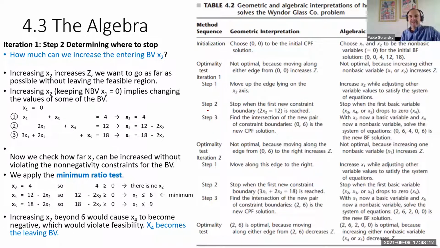What we did here in step 2 is that we said that when we reach the constraint, the restriction boundary of 2x2 equal 12, we would stop. Now, how can we translate this into a mathematical formula? Here we're going to use what we call the minimum ratio test. This is how we're changing a geometric solution into a mathematical, an algebraic solution.